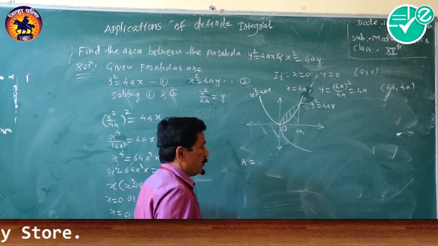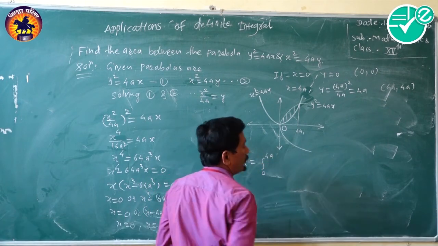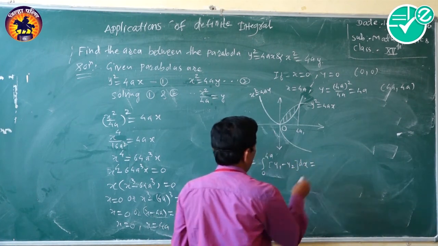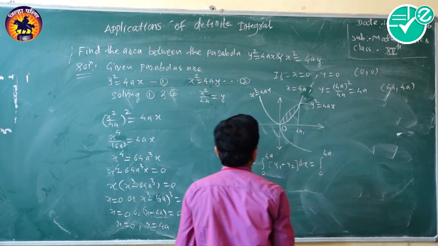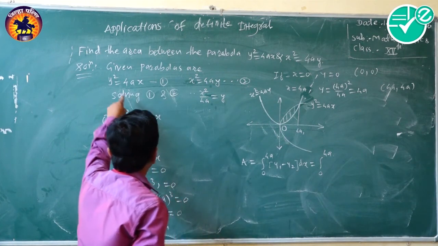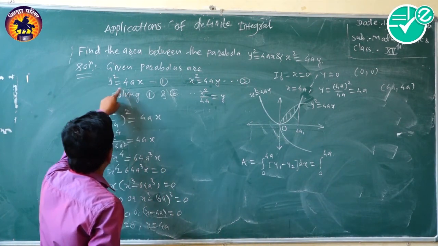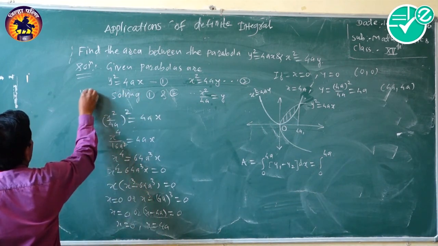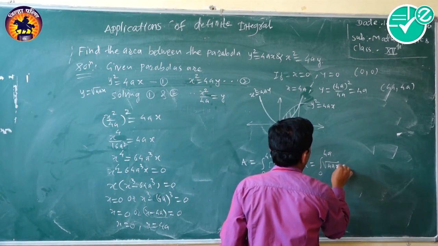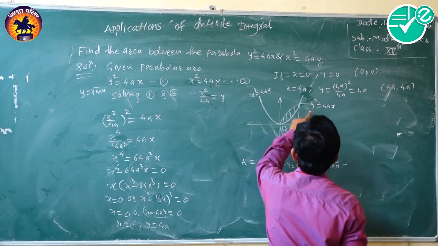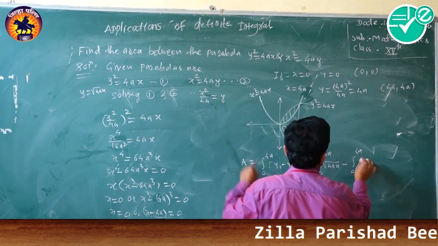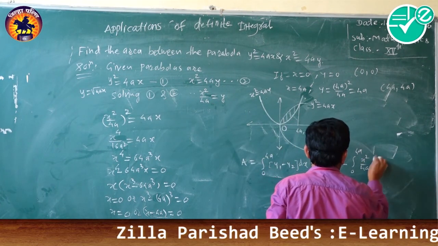Therefore area of region is equals to integration from 0 to 4a, that is y1 minus y2 dx, is equals to integration from 0 to 4a of y1, that is, from this we can write y is equals to under root 4ax, and this is nothing but under root of 4ax minus y2, that is x square by 4a dx.